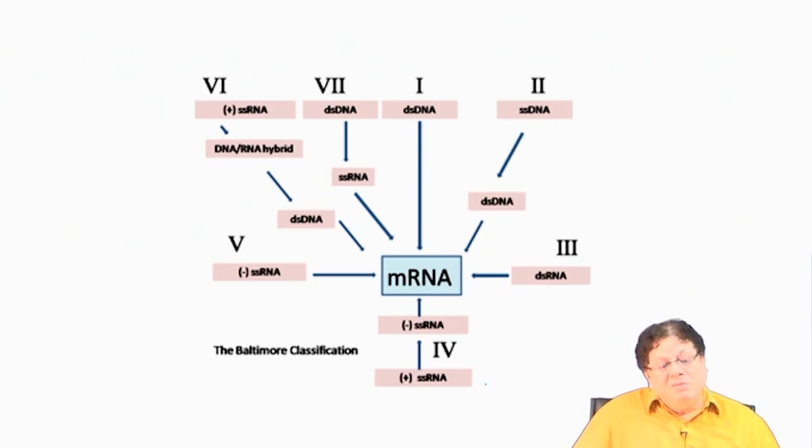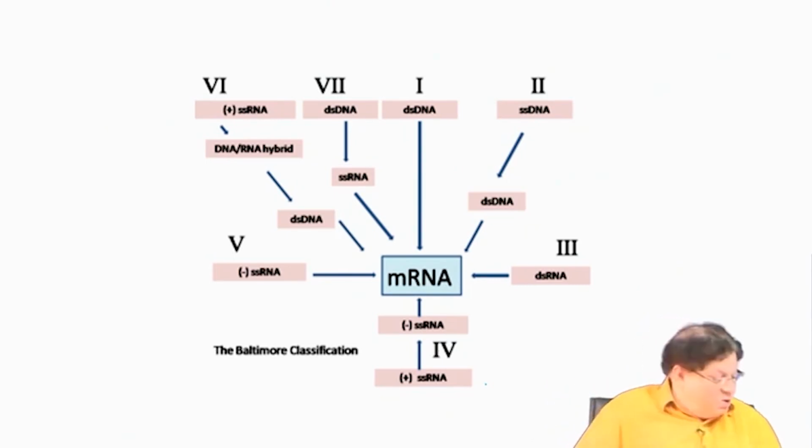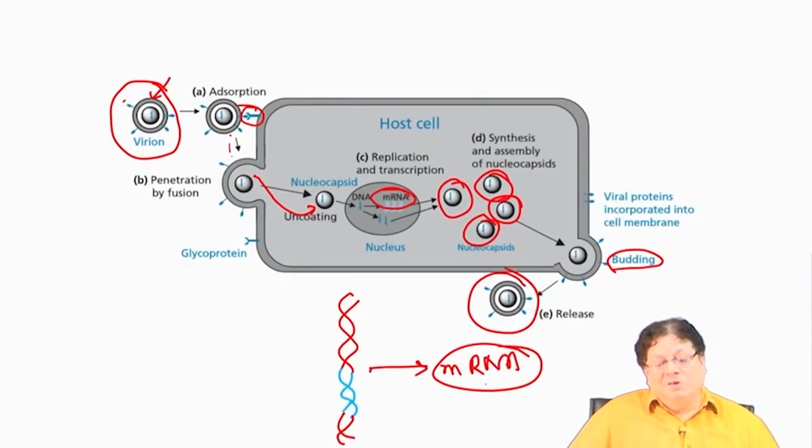The DNA could be double strand or single strand, the RNA could be single strand or double strand, the RNA could be negative sense or positive sense, and then you have retrovirus, which we have not discussed. So you can get 8 classifications. That is the famous classification by David Baltimore, a Nobel winning biologist.